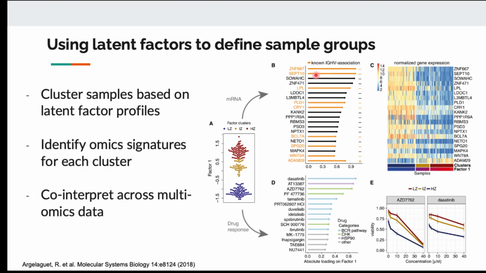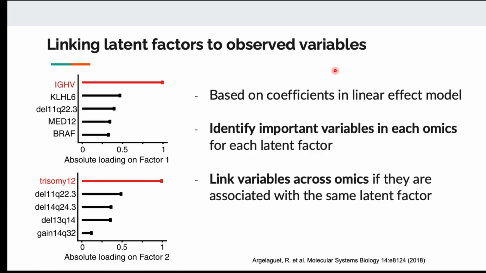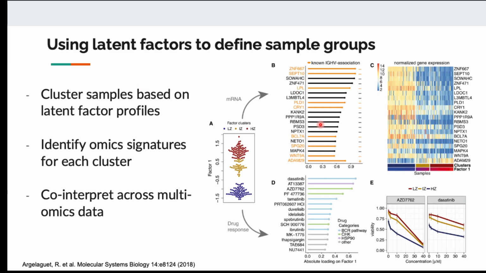And in this case, many of these genes are known to interact with IGHV. So we see some consistency between affected genes in terms of mutation versus affected gene expression related to the same gene. And if we link this to, let's say, drug treatment or other types of omics, we can also link findings from gene expression and mutation to drug response. So this is another way that you can combine different omics data types.